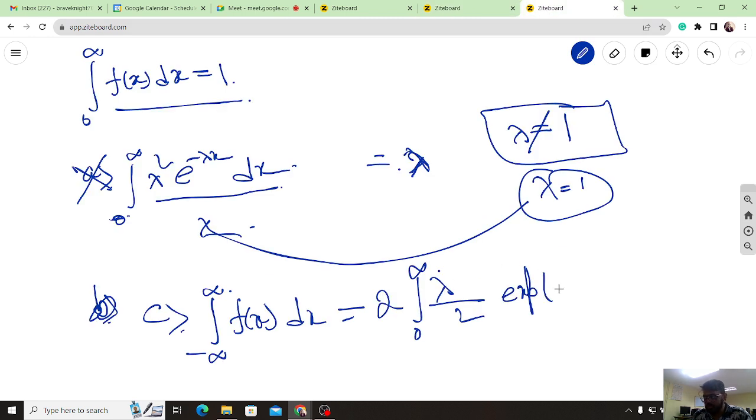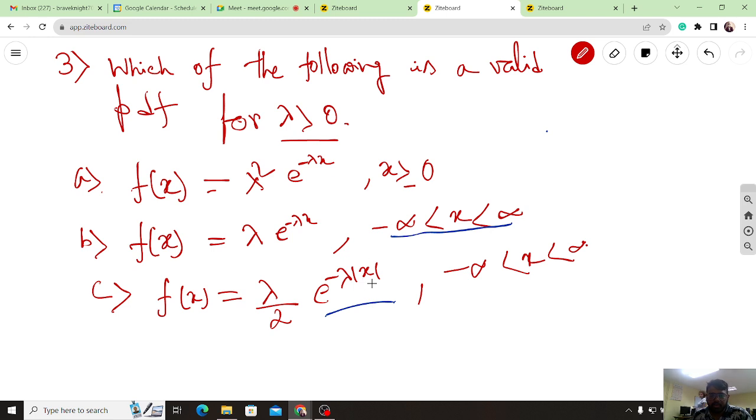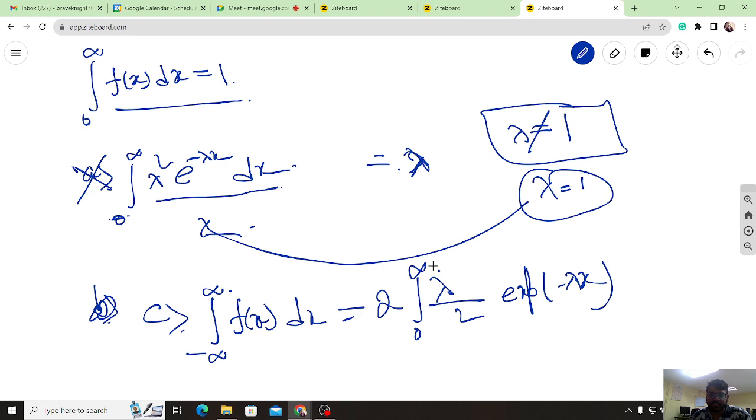That's why I'm avoiding this mod x value, and as I'm avoiding this mod x value, it is getting 2 times, so that 2 times factor is here. So if I do this integration, it will come as 1 from 0 to infinity. Just you have to do the integration with respect to x.